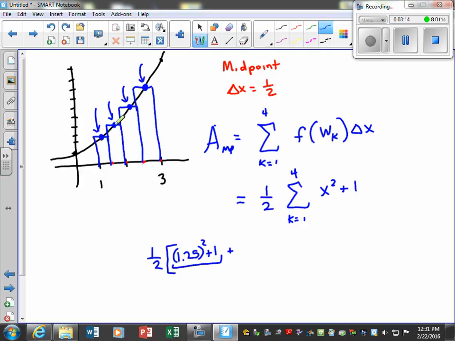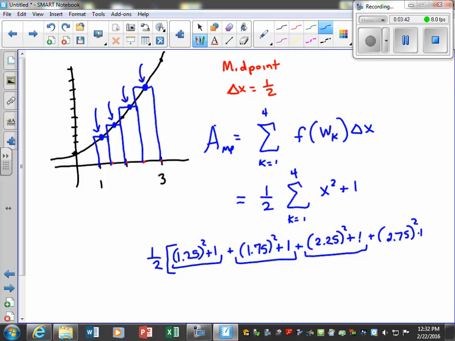Plus, well, this next point, if this is 1.5 and this is 2, what's the middle of that? 1.75. That's the second term. Then our third term is just going to be 2.25 in the same manner that we just calculated the other two. And our fourth term is going to be 2.75 squared plus 1. And so that's going to be our 4 terms, and we want to just plug that in and calculate.